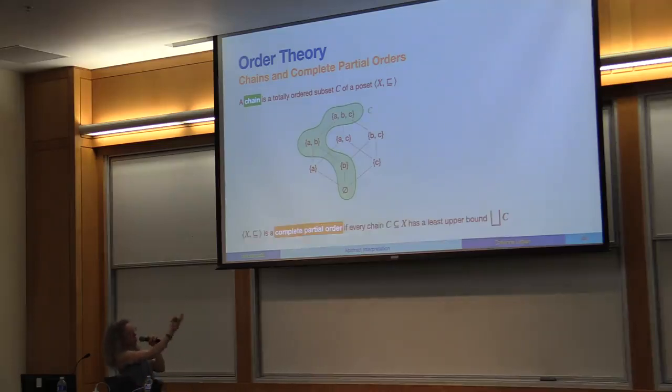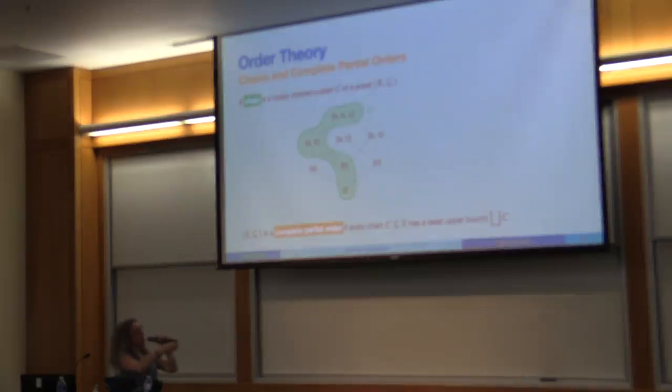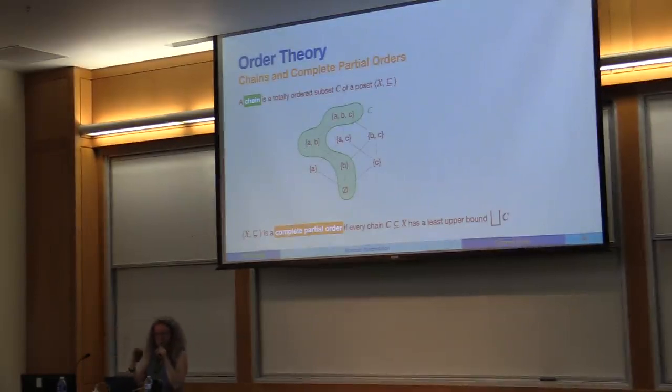And then we can define a complete partial order when every chain has a least upper bound. That's the definition of complete partial order. So whenever we take a totally ordered subset of the set, we have a least upper bound. The least upper bound doesn't always exist.